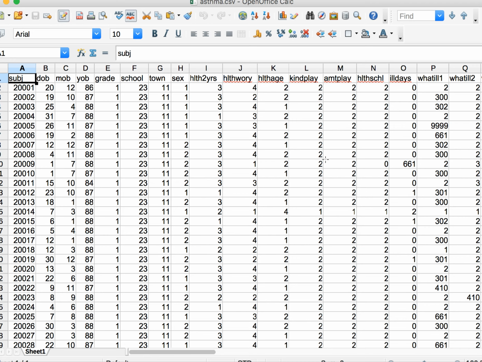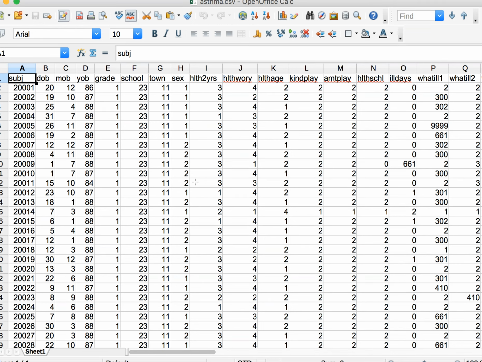I'm showing this using OpenOffice Calc. And you can see that if I'm able to import the data, which is in a comma delimited version of a text file, then OpenOffice is happy and immediately can accept this data for view.